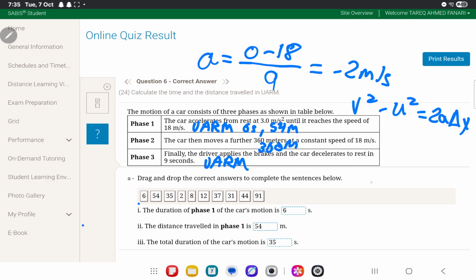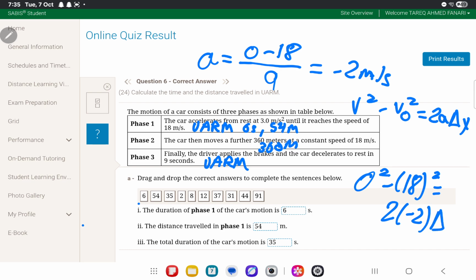So it's going to be 0 squared minus U squared, where U is V0, which is 18. So it's minus 18 squared equals 2 times negative 2 times delta x, which is what we want to find. Do this on your calculator, preferably using your equation solver, because if you're not comfortable taking it to the other side and whatever.